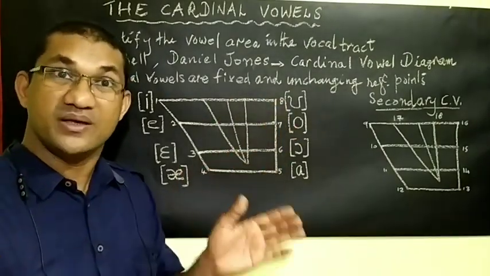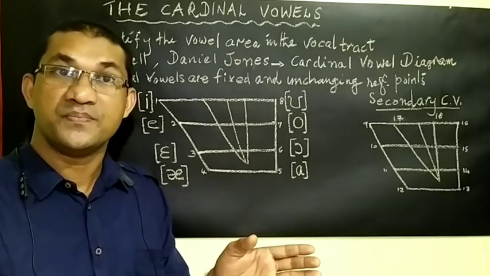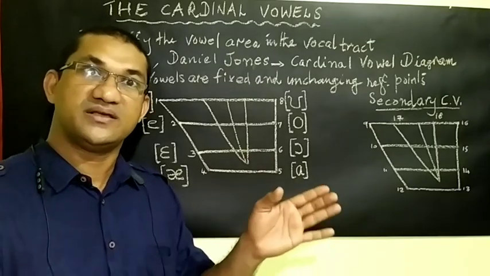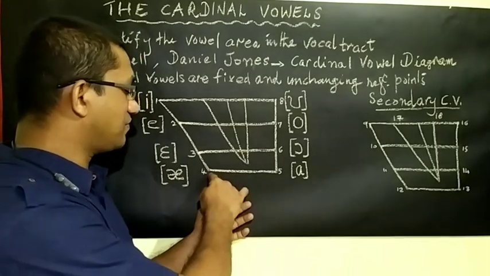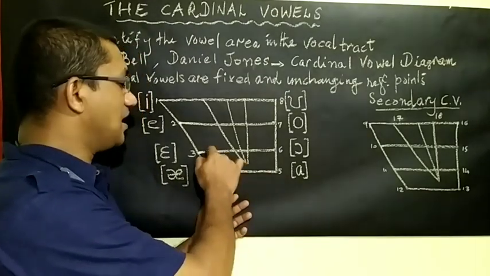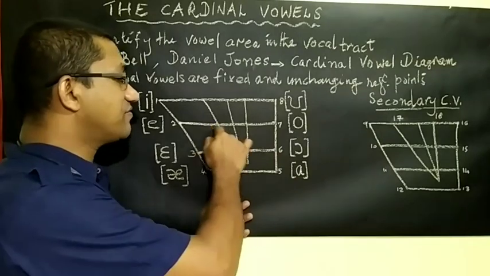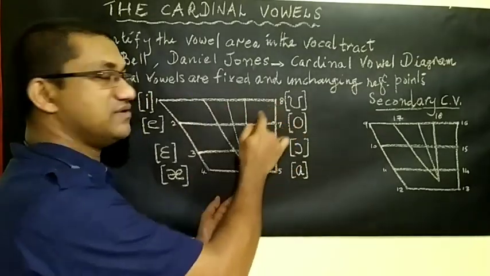So based on the height of the tongue lifting or raising, we have open vowels, half open vowels, half closed vowels, and closed vowels.